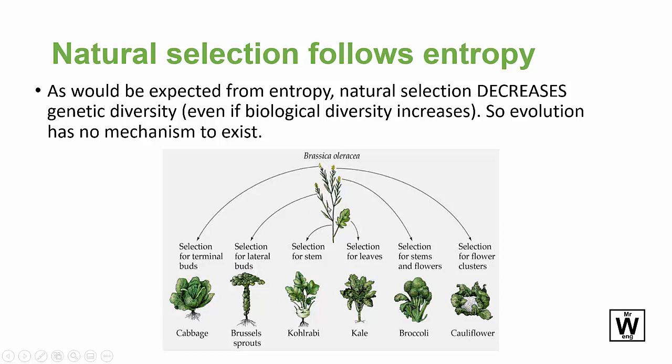So we're not increasing, we're actually decreasing in genetic diversity, even though there is creation of more species. So natural selection doesn't work for increasing complexity of organisms.